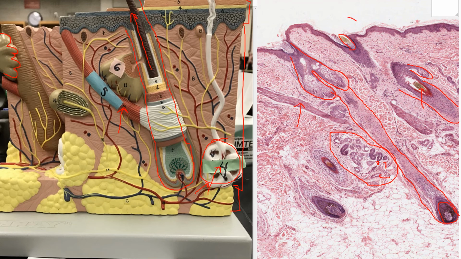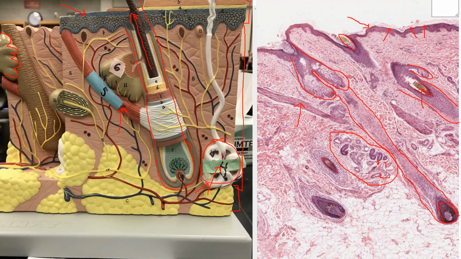Now up here at the top of your screen, this is the stratum corneum. It looks to me like the layers of a flaky biscuit. But remember, you've got multiple layers of dead keratinized skin cells, keratinocytes, that make that layer. You can kind of see that there's a dark line right here that runs deep to that. This is the stratum granulosum, same as this on the model here.